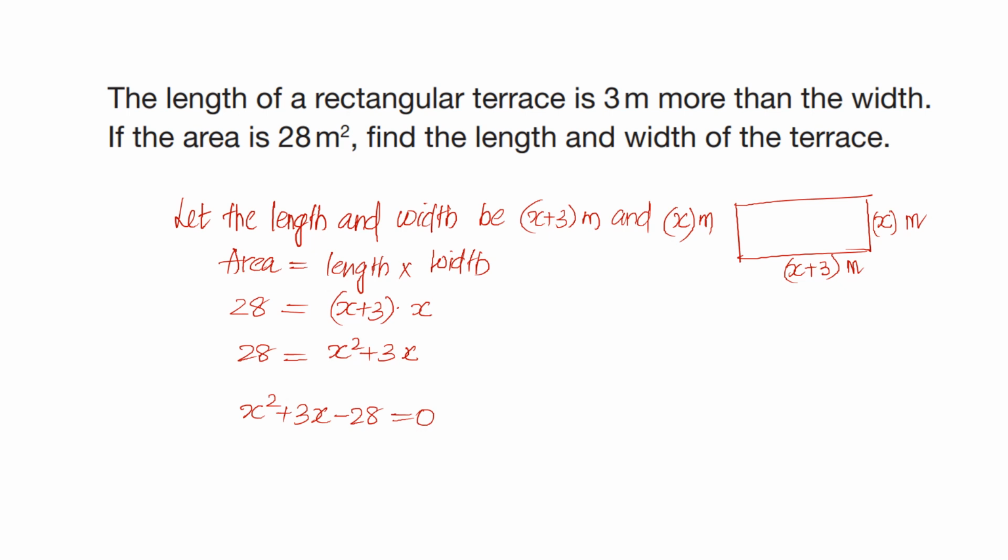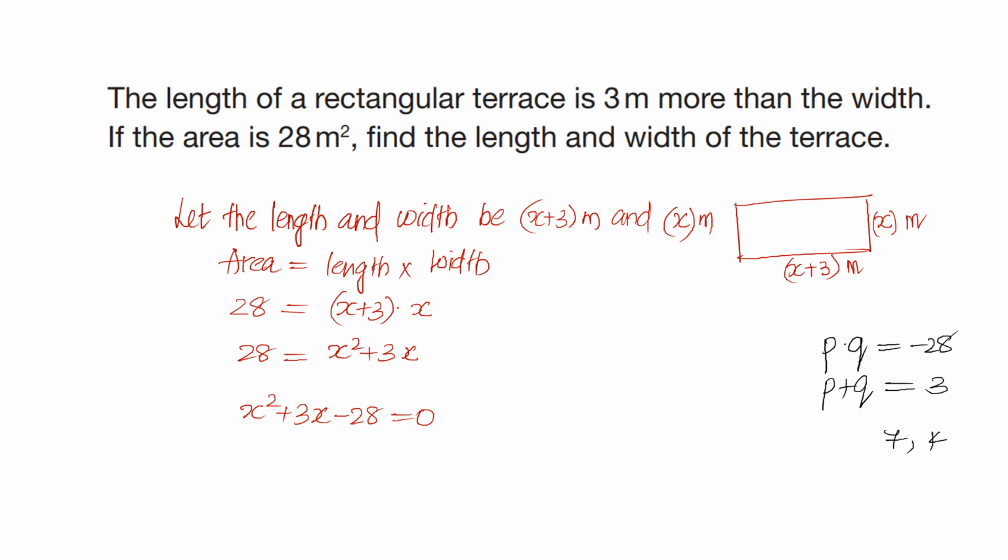To solve this, we need to get two numbers p and q, so that the product will be minus 28 and the sum, that is p plus q, should give us 3. So what are the numbers? What if it is 7 and 4? 7 times 4 is 28 and the difference is 3.